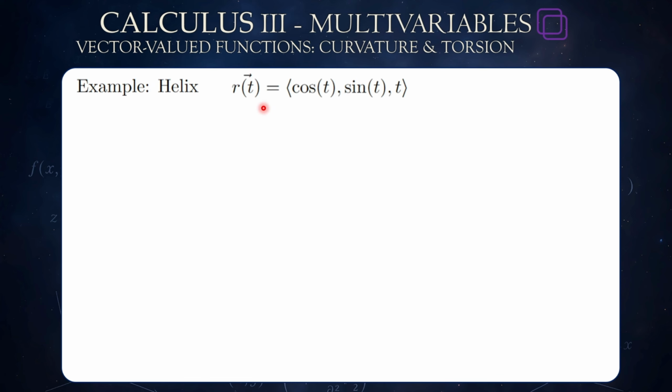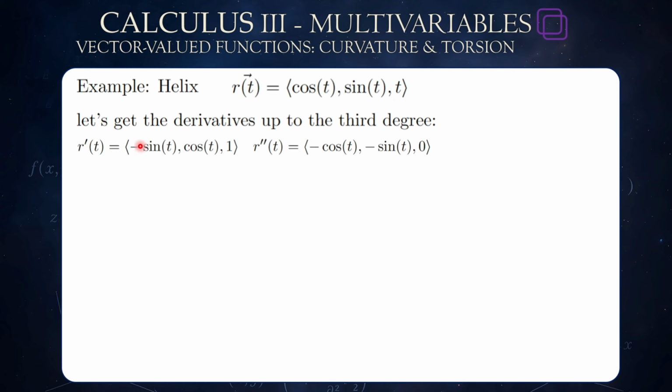Example, the helix r t equals cosine t, sine t, and t. So let's get the derivatives up to the third degree to evaluate the curvature, then the torsion. R prime t is equal to minus sine t, cosine t, 1. R second t is equal to minus cosine t, minus sine t, 0.